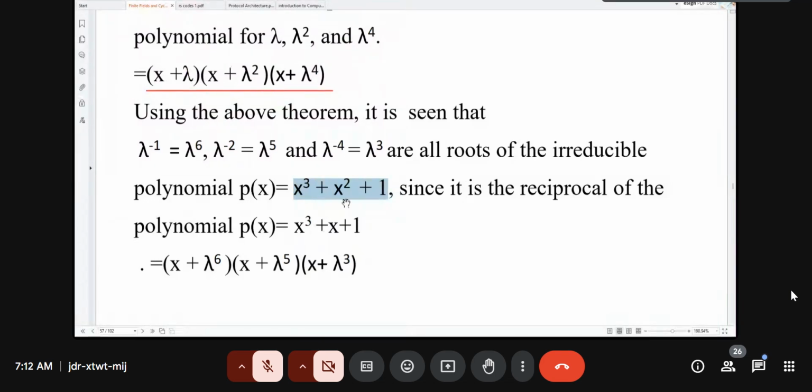The conjugates are where you keep on squaring. For example, the easier example to give is lambda to the power of 1. When you square it, you get lambda to the power of 2. When you square this, you get lambda to the power of 4. And the next one will be lambda to the power of 8.